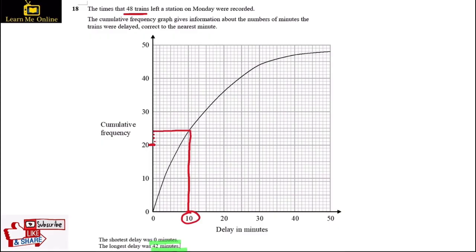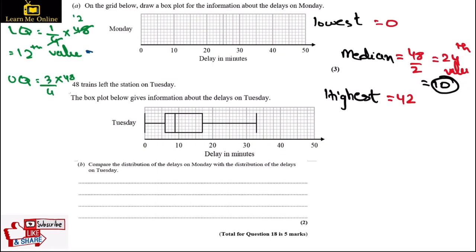Here we have 10, this is 11, and this is 12. We make a straight line from here, and as soon as it touches the graph, we bring it down, and the value we have is 1, 2, 3, 4. So the lower quartile is 4. I'm going to write it down here.